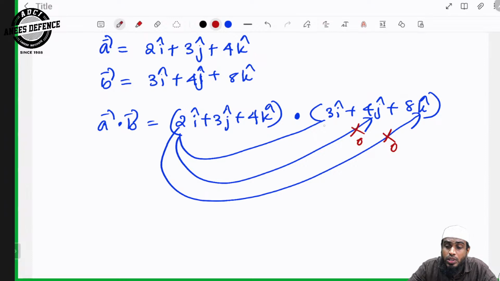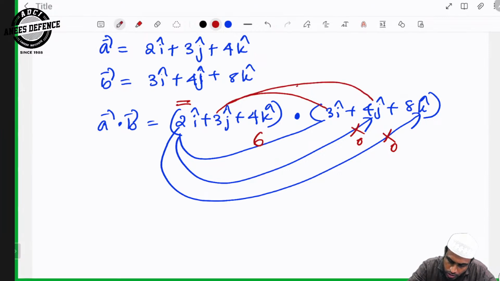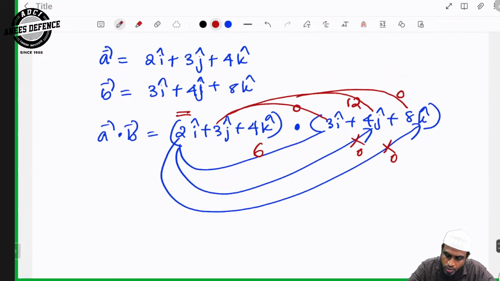Here, 2i dot 3i, 2 into 3 into 1, the answer is 6. So after this multiplication, the work of 2 is completed. Now we select 3 into 3, 3 into 4 and 3 into 8. Here 3j dot i is 0, so you will get 0. Here you will get 3 into 4, 12 into 1. Then here 3j dot k, also you will get 0.